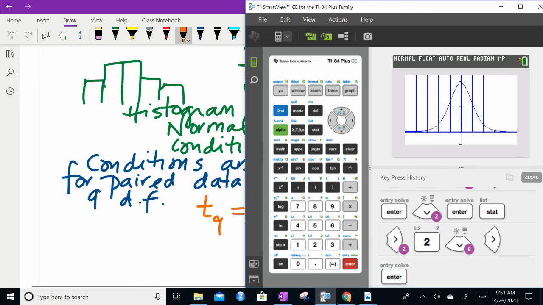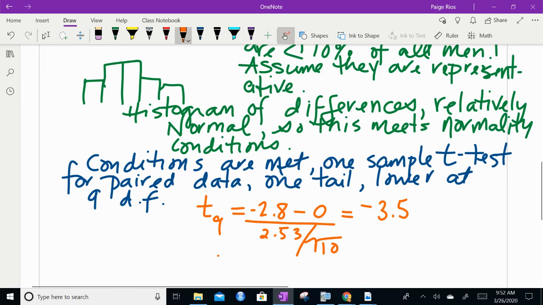Oops, didn't mean to leave that histogram there. But you can see, if I look at it, that I have my t-score right there. I've got my p-value of 0.0034. Okay, so as I draw that out, I've got negative 3.5 right here. Even though we couldn't see it on the calculator, that means my p-value, this space right here, is 0.0034.